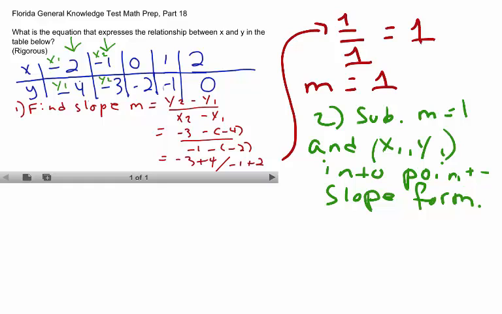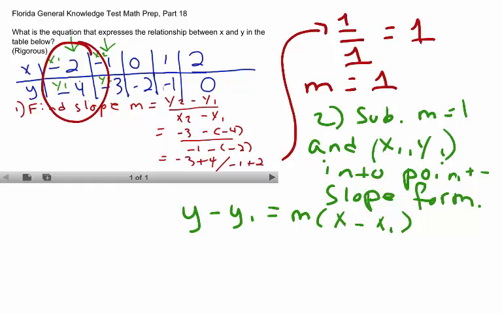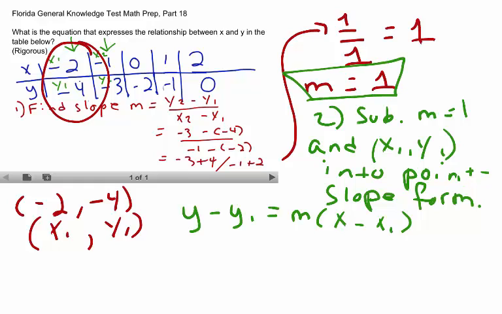That formula is y minus y1 equals m times x minus x1. If we look back, we see that we used coordinate points -2, -4 for our x1 and y1. We also know that m is equal to 1.